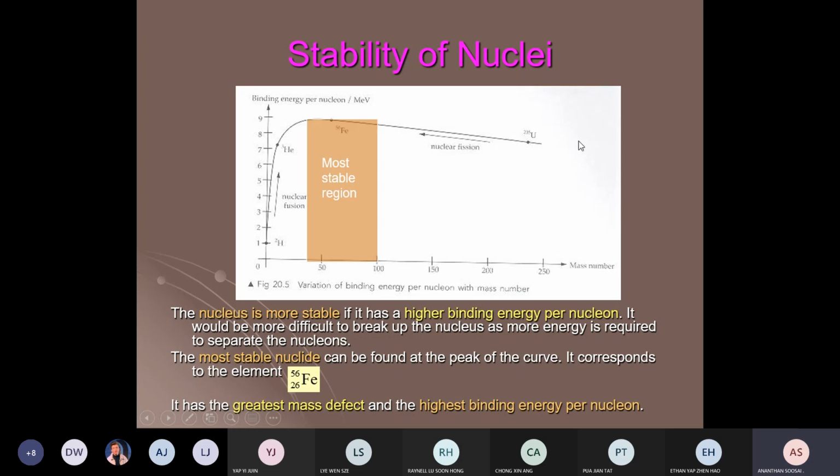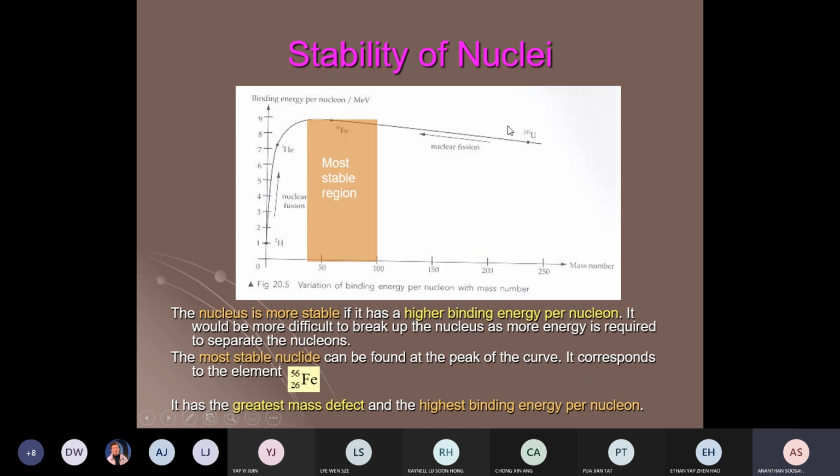That's why uranium exhibits radioactivity. Nuclei that are very huge normally want to split and become smaller, so the mass number becomes smaller, and they can go to the more stable region. So that's why uranium always does the fission process.